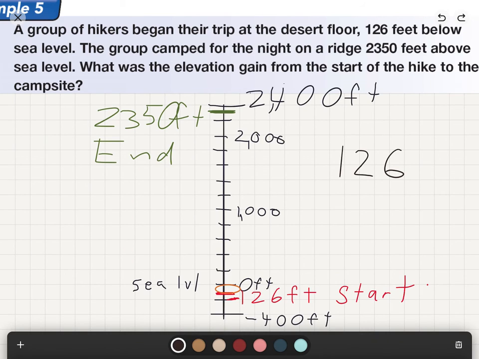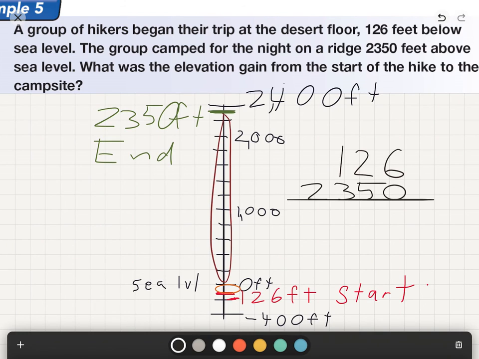And we're going to combine that with the rest of the distance, which is 2,350 feet.